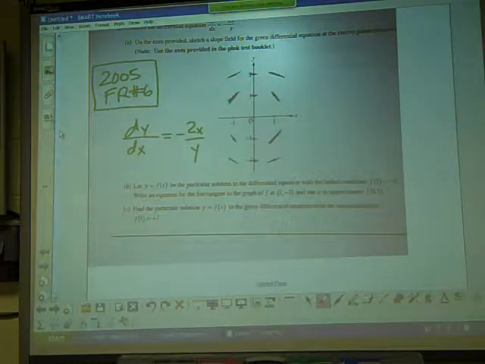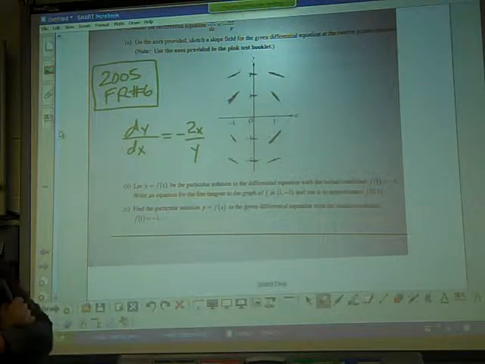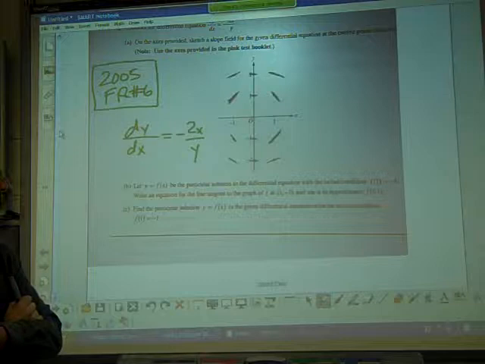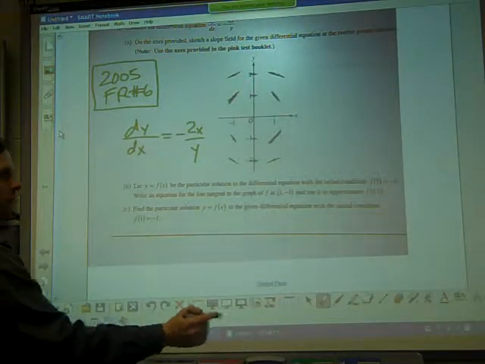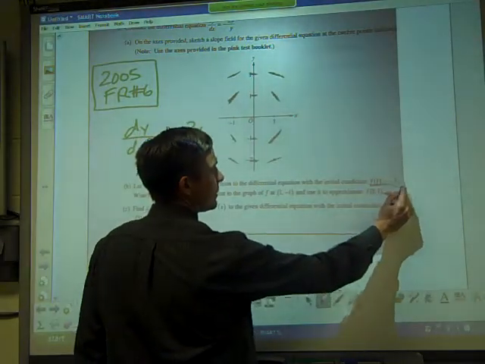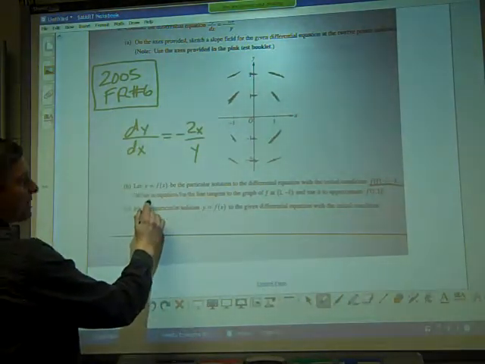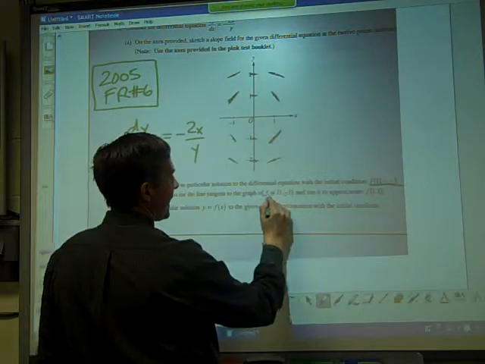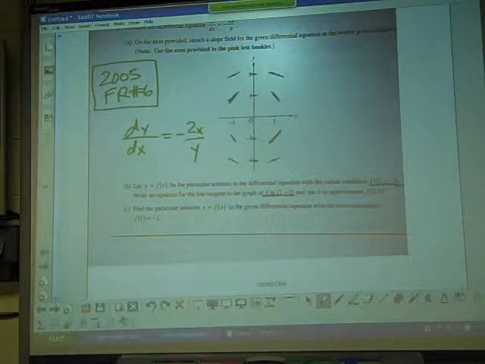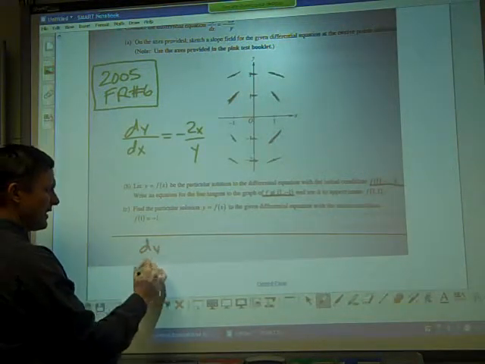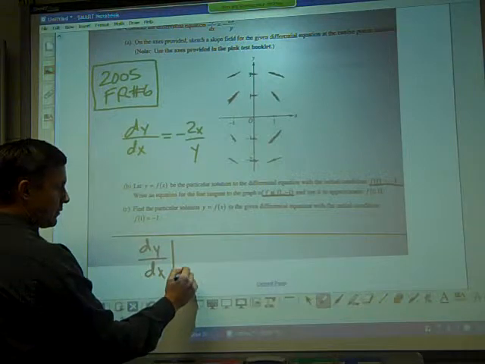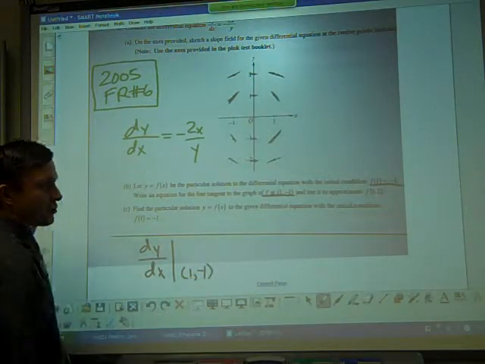Letter B: let y equal f of x be the particular solution to the differential equation with the initial condition f of 1 equals negative 1. Write an equation for the line tangent to the graph at (1, negative 1), and use it to approximate f of 1.1. First, we got to know the slope, so I'm going to do the derivative at (1, negative 1), that initial condition.